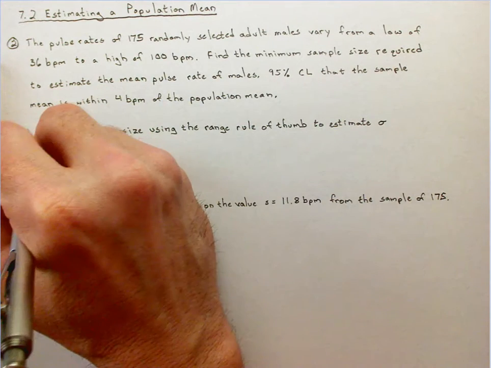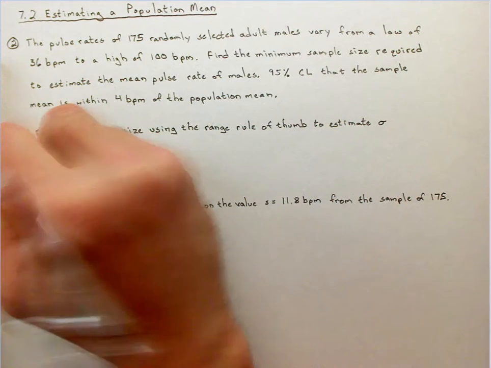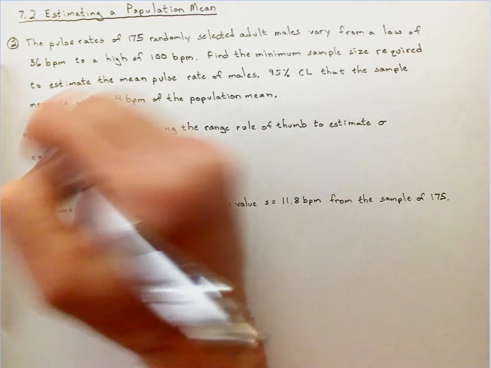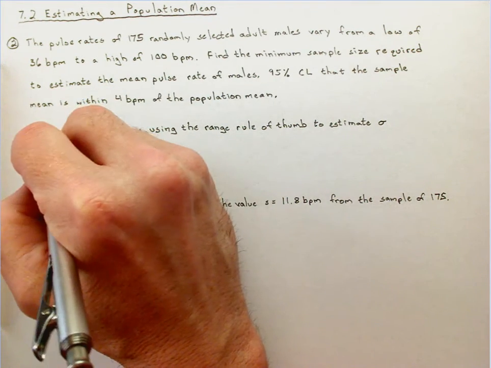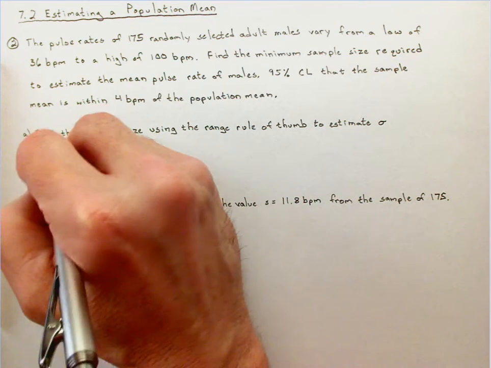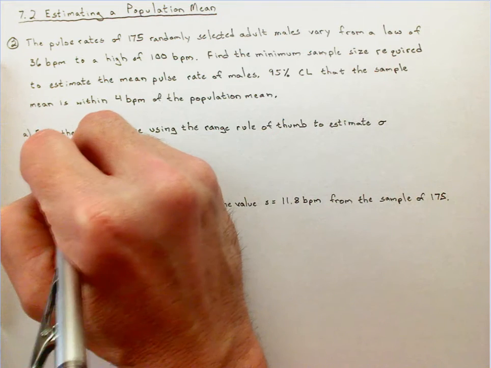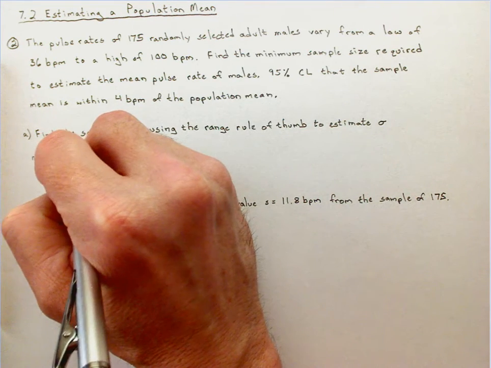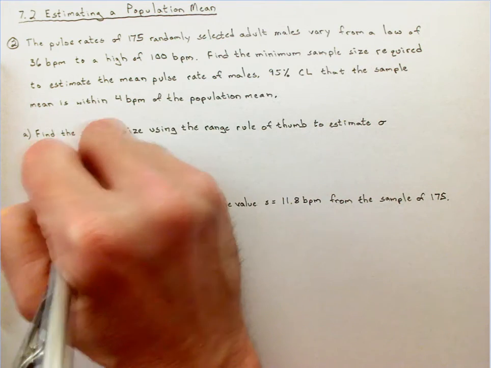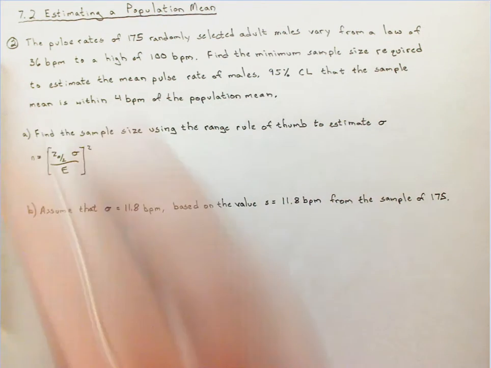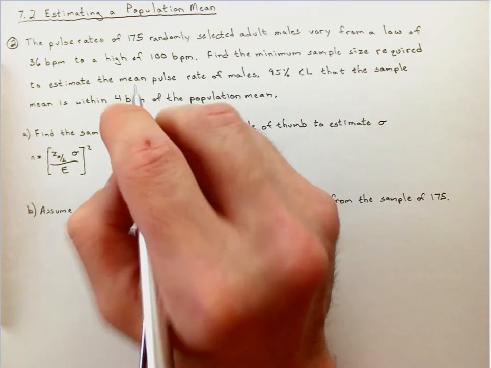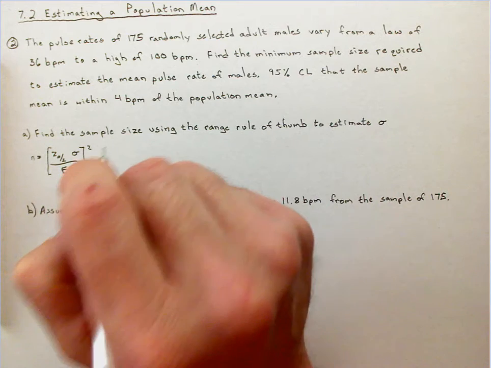So, again, this is simply using our margin of error formula. And in this, what do I already have within that problem?